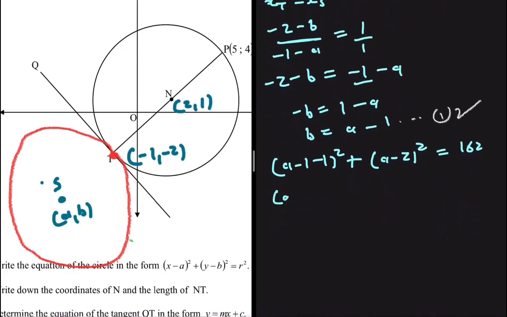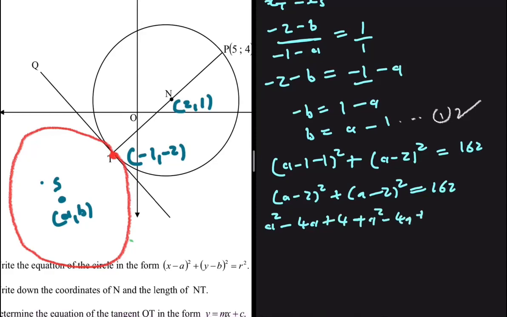So we're going to have a minus 2 squared plus a minus 2 squared being equal to 162. A minus 2 squared is equal to a squared minus 4a plus 4, plus a squared minus 4a plus 4. If we take 162 to the left hand side, we're going to get minus 162 is equal to 0.